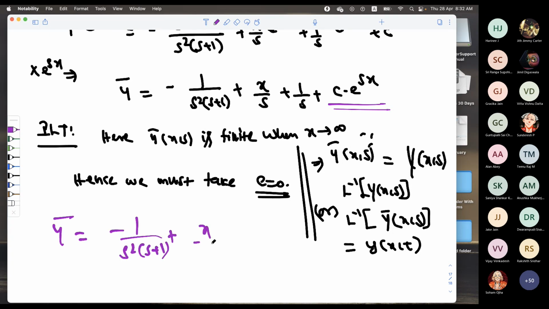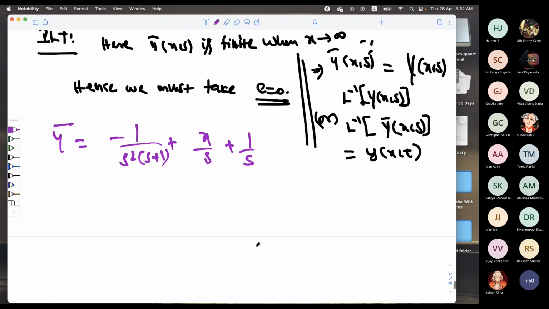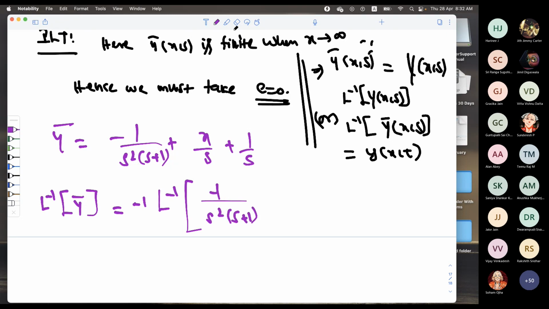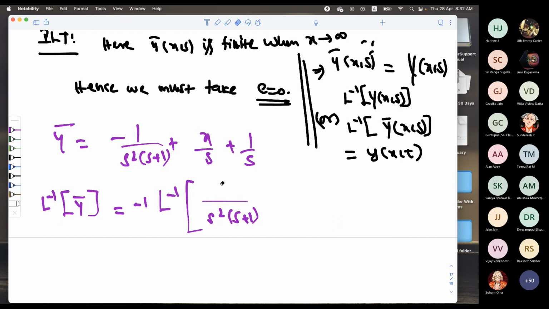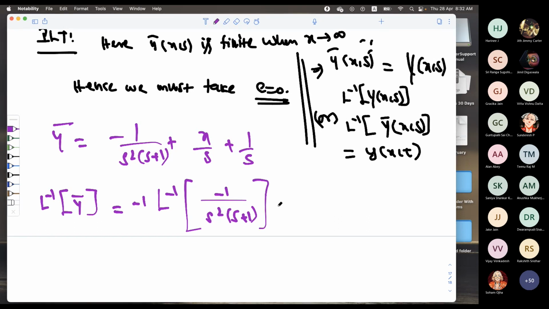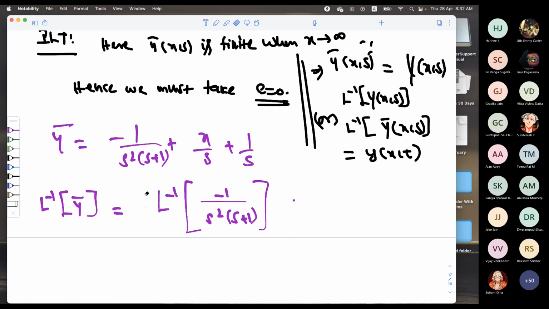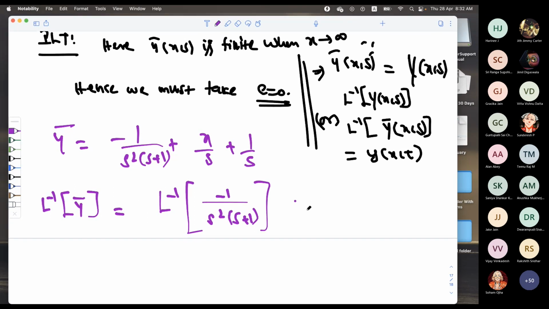plus 1 by s plus 1 by s. Then L inverse of this y bar is minus 1 into L inverse of 1 divided by s square into s plus 1, and then L inverse of x by s, where x is constant here, for the 1 by s term only we are taking it, and the remaining is L inverse of 1 by s.